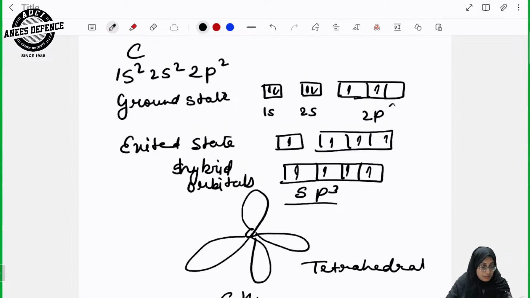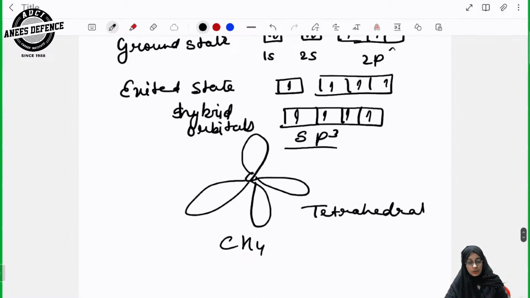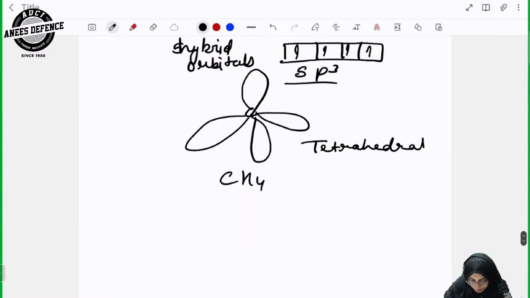Carbon had 2s2 and 2p2. One electron from the 2s orbital is excited to the 2pz. Now it becomes four hybrid orbitals, all having the same energy, and this becomes sp3. The geometry of sp3 is tetrahedral.